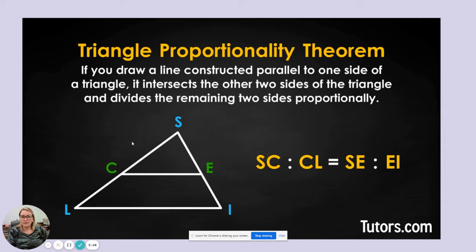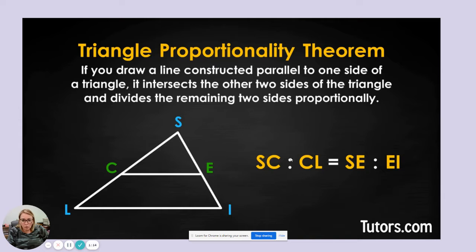Anyway, if a line is constructed parallel to one side of the triangle and intersects the other two sides, it divides them proportionally. So this is what it would look like. And the line that was drawn was CE, okay? And what this rule says is that by doing that, SC and CL are proportional and SE and EI are proportional, okay?